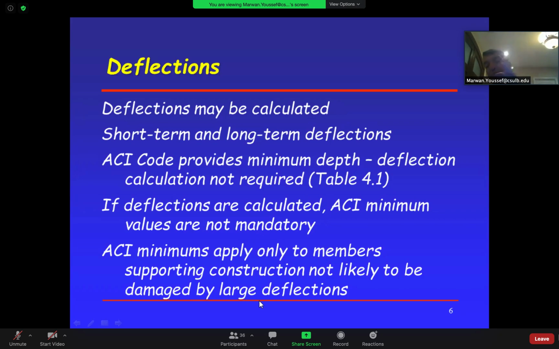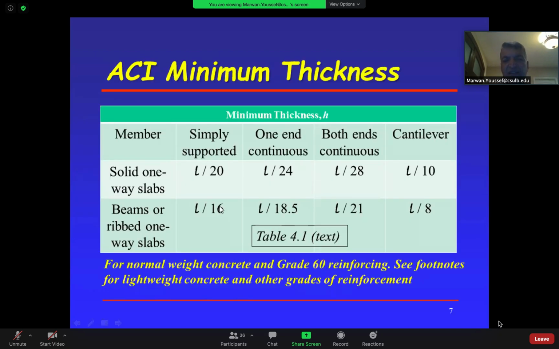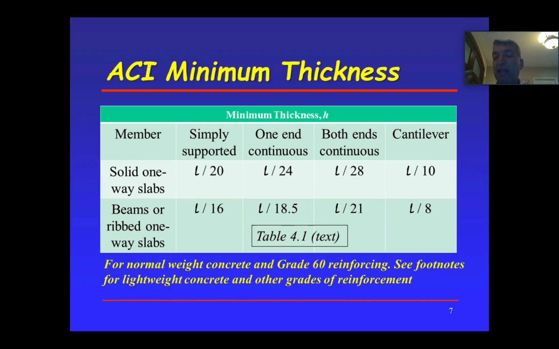Let's say you have beams supporting a concrete slab, but at the bottom of those beams, instead of a false ceiling made out of foam panels, let's say it's all glass panels. That glass is likely to be damaged by large deflections, right? So if that's the case, you should not use these values. You should design it and check it against the allowable deflection.